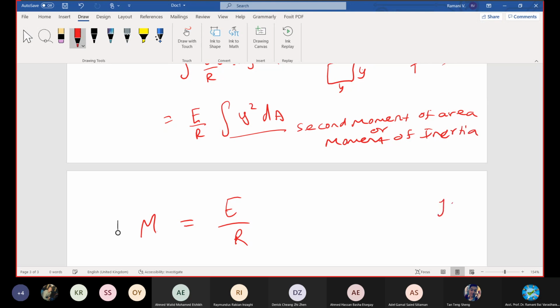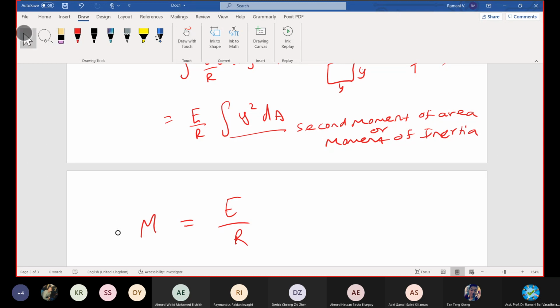Y dA is the cross-sectional area of a member that was deformed to y, and the area is dA. We can integrate, but if you square it again, you have y square dA, the second moment of area. The technical term used for second moment of area is moment of inertia.